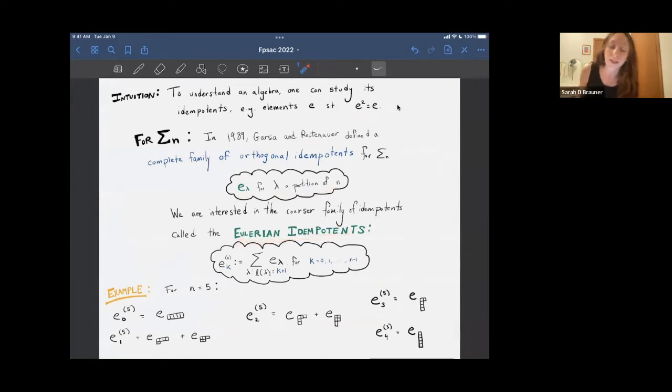The way that I'm going to get them is by summing over these finer idempotents where the partition is of a fixed length. So my idempotents will be indexed from 0 to n minus 1. For example, in n equals 5, here's how this coarsening works. This one with k equals 2 is the sum of the 2 idempotents indexed by partitions of length 3.